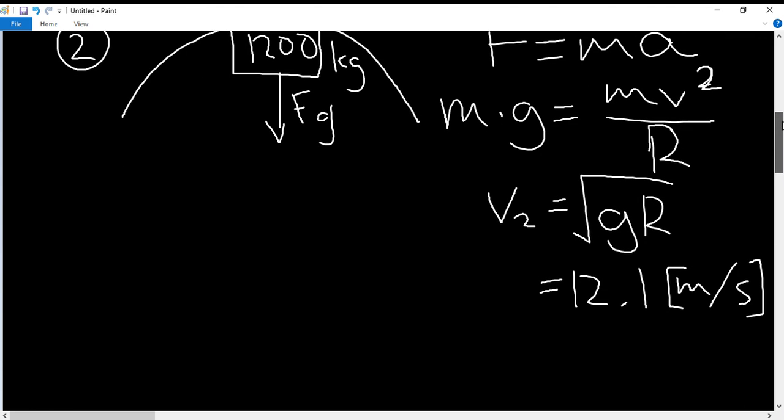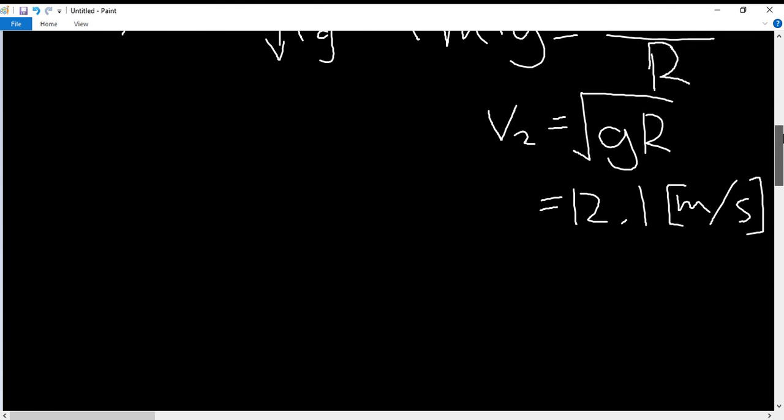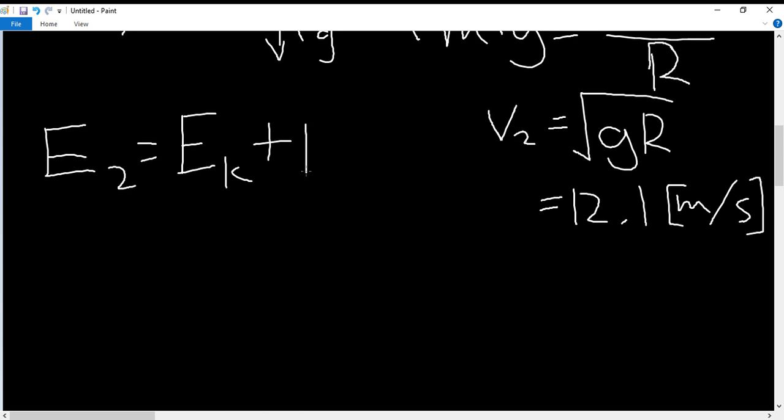Now let's talk about it in terms of energy. So energy at our second part at the top of the loop, we'll call it E2, is equal to our kinetic energy plus our potential energy. We can rewrite this as, for kinetic energy, 1/2 times mass times velocity squared.